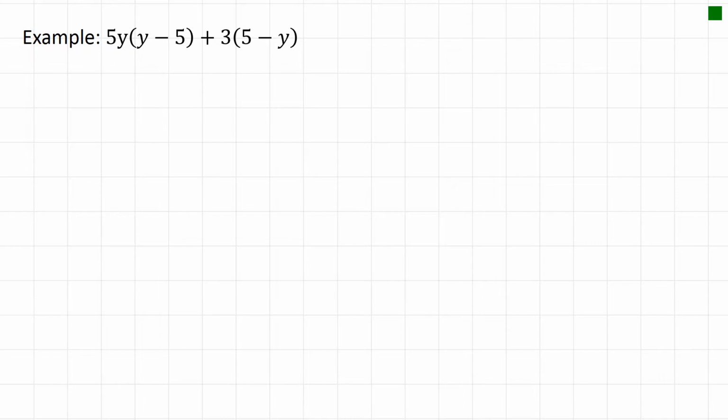But this expression is still factorable because negative y minus 5 and 5 minus y are just opposites of each other. Y minus 5 is equal to negative 5 minus y. And I'll show you what happens if we multiply that negative in to each term. We get negative 5 plus y rearranged is y minus 5.